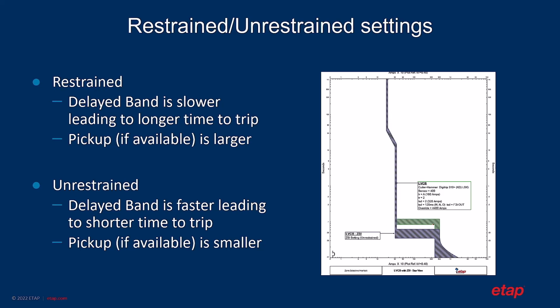The restrained band typically is slower, leading to longer trip time. In the unrestrained curve, the delay band is faster, leading to shorter trip time. That's why it guarantees A1 and B1 have proper coordination when the fault is detected downstream of A1.